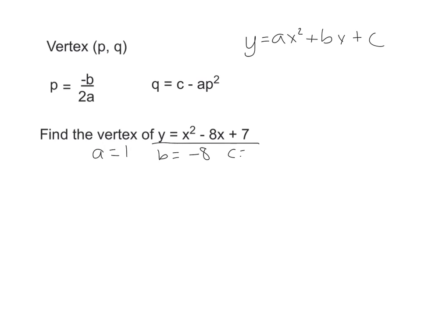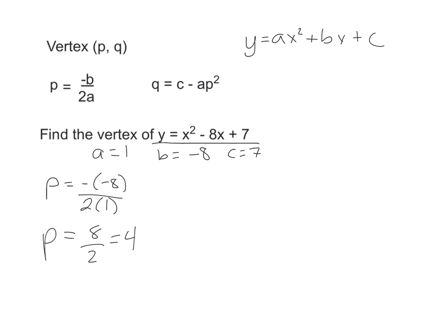And c? 7. So then when I want to find the vertex, the p value is going to be negative b, so negative 8 over 2 times a. So that's actually positive 8 over 2, or 4. Right, just simplifying that.